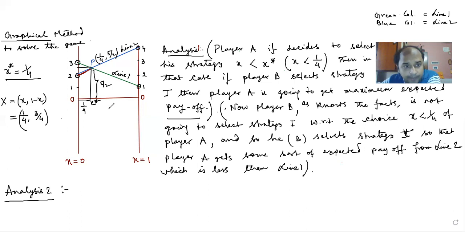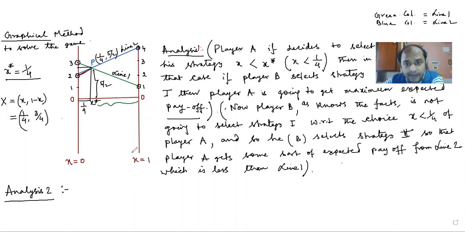Now, what will happen if at some point player A decides, with respect to the situation depicted in analysis 1, to select his strategy x greater than x star?